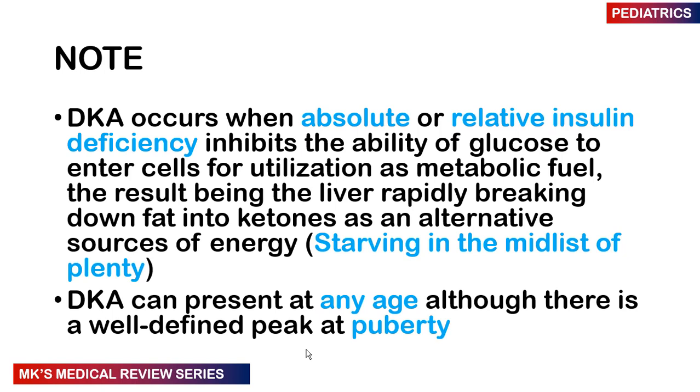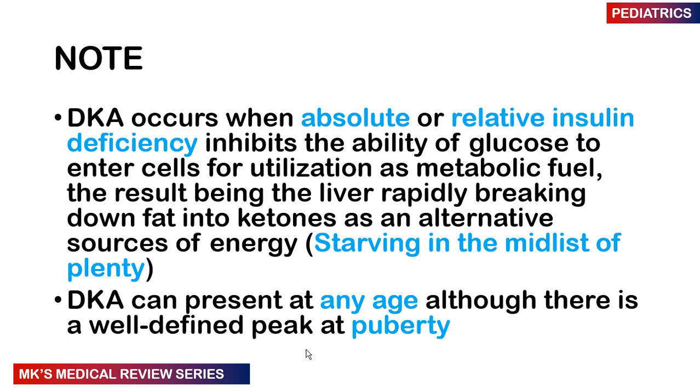Here, remember that the glucose is not entering the cells. Insulin is like the key that opens the cells so glucose can enter. Now, you have a lot of glucose, but it's not entering these cells. So it's like you're starving in the midst of plenty.